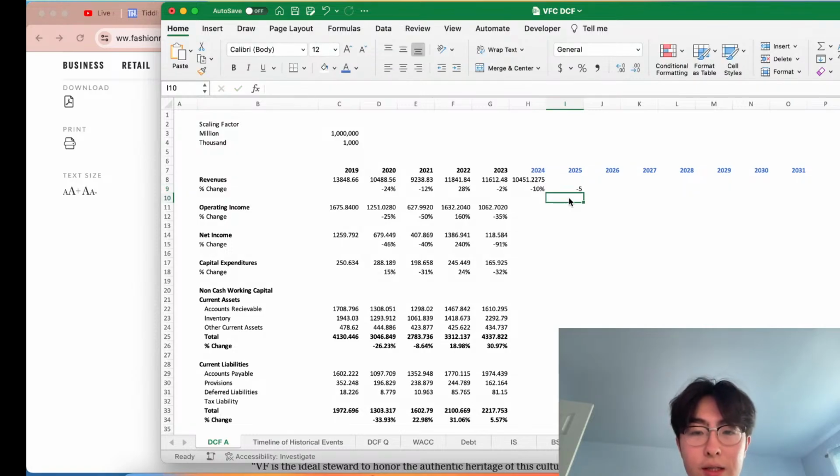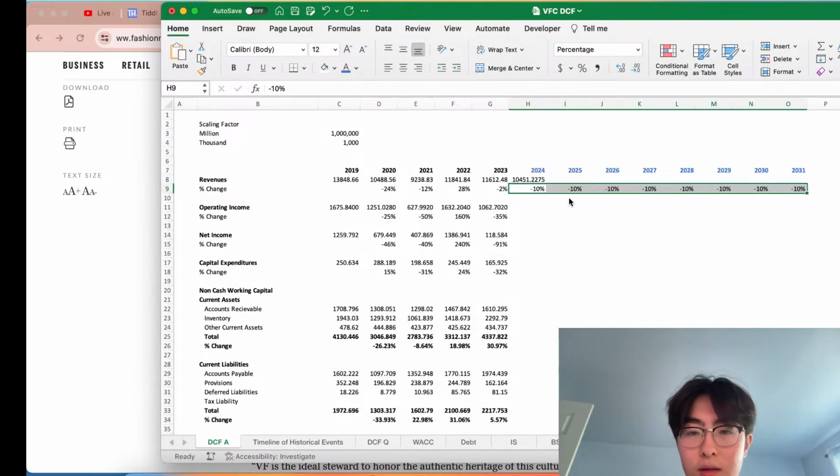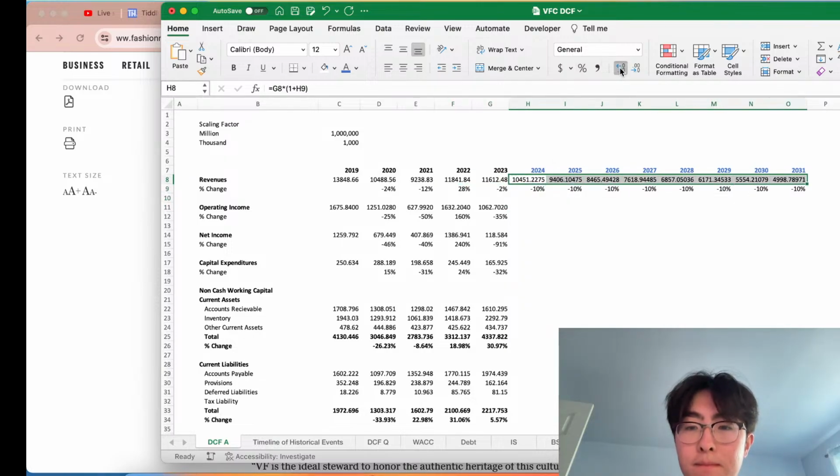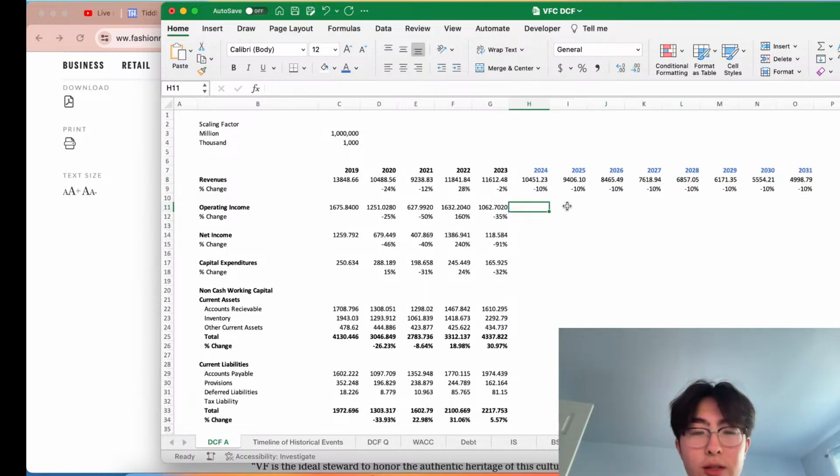Minus 5. Let's say we have these really obscene growth rates.